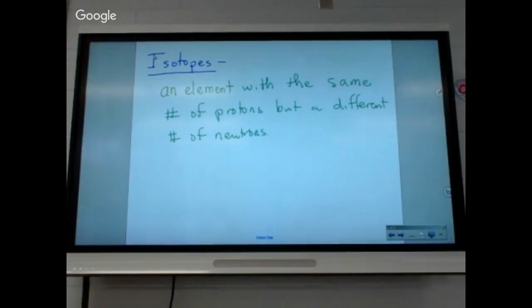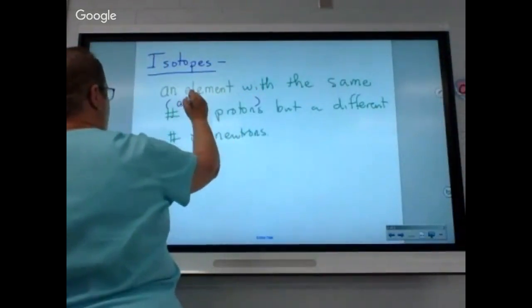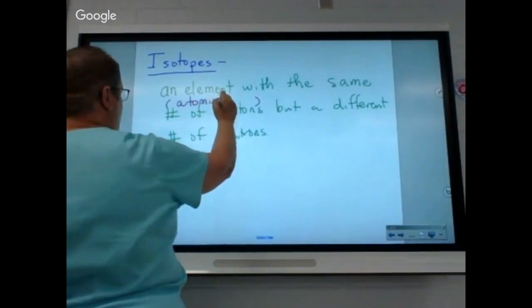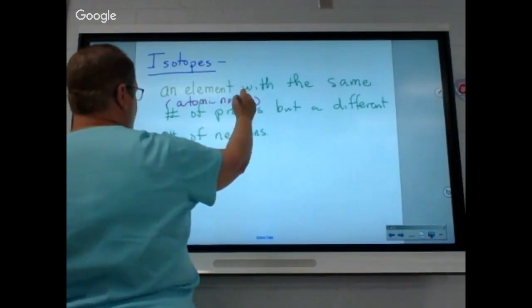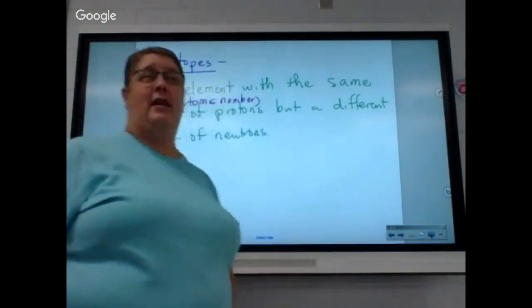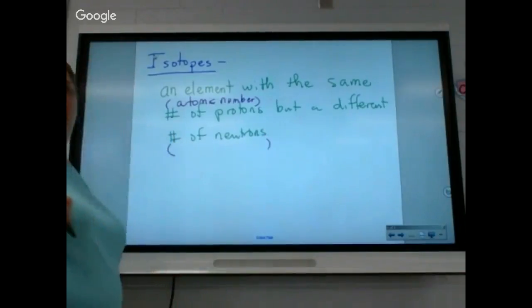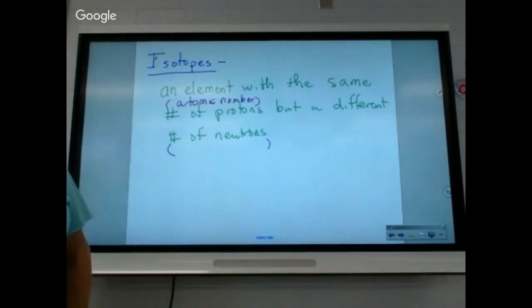So, what is the other word we've learned for number of protons? Yep. So, some books will say an element with the same atomic number instead of saying number of protons. And instead of saying a different number of neutrons, what's the other technical word we could use?